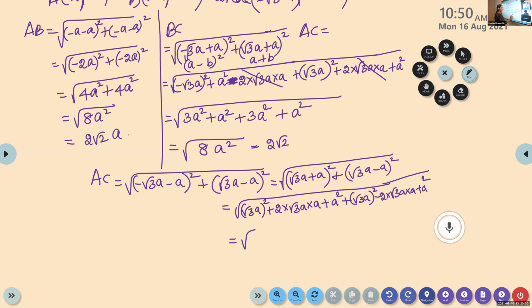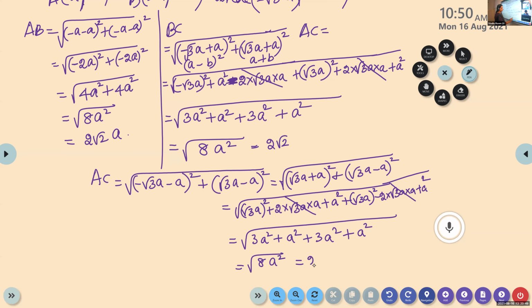Here again, this 2 root 3a will get cancelled. So we get 3a square plus a square plus 3a square plus a square. So we will get root 8a square.